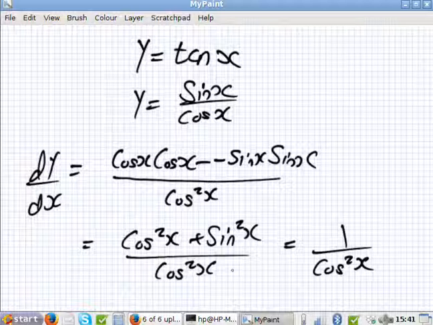So the derivative of tan x. You know what the derivative is, you don't need to tell me. Do you want to know what the derivative of tan x is? Are you having a question or are you making a point?